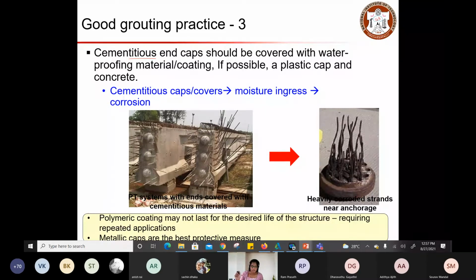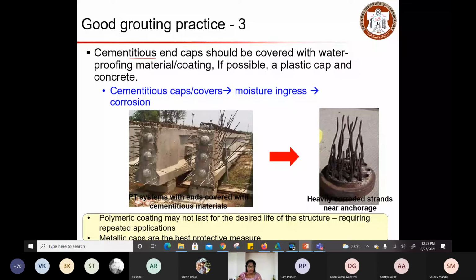So we typically provide a waterproofing material coating so that it will not allow any moisture to ingress. But unfortunately, most times that coating will not be done properly, or the cementing will not be done properly. That means in some cases the cement cap will not be as durable as possible.